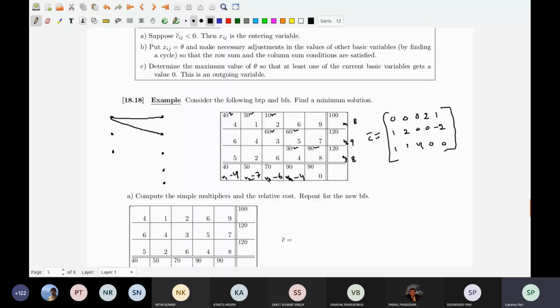Okay, and then I have 2 to 3, and I also have 2 to 4, and then I have 3 to 4 and 3 to 5. This is my gamma s.